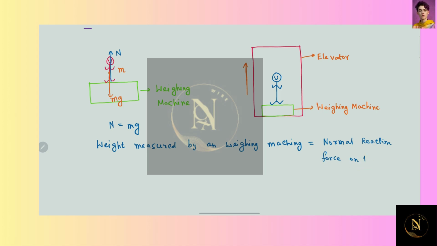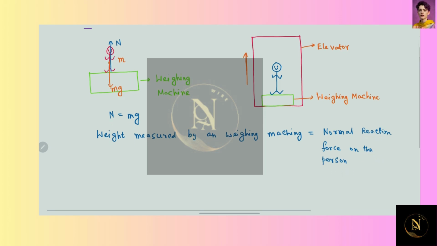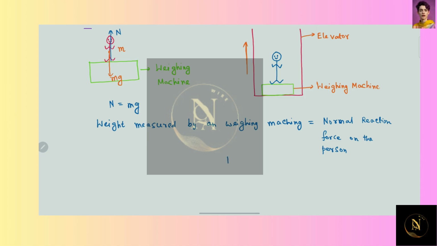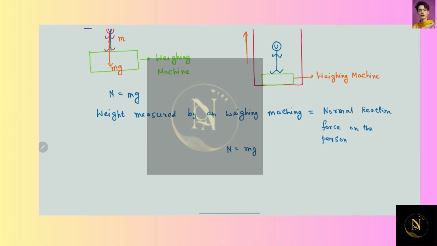So we can write N is equal to mg. Then the mass measured by the weighing machine will be the normal reaction force divided by g, that will be the mass as measured by the weighing machine.